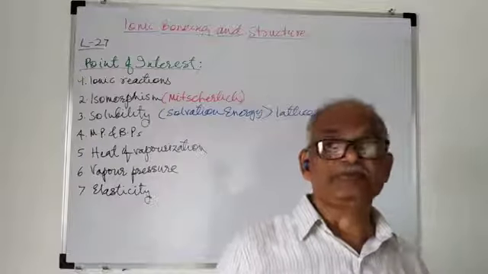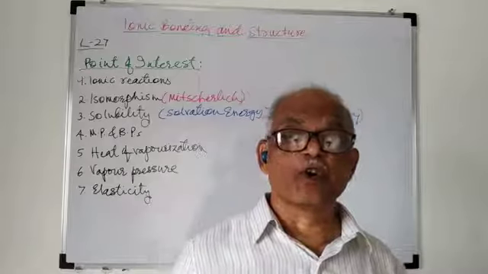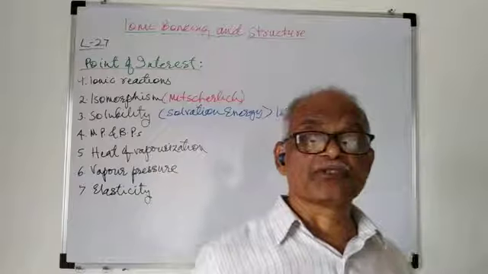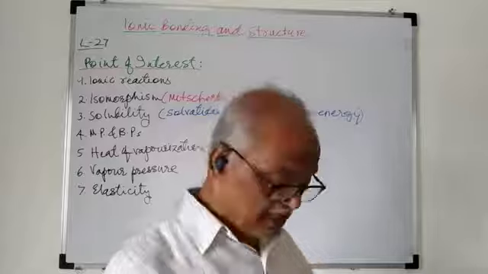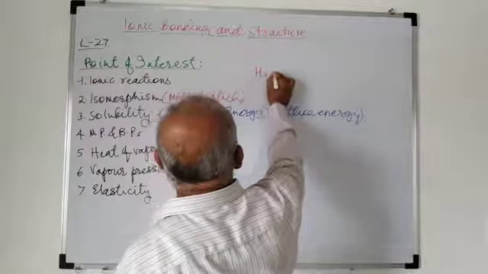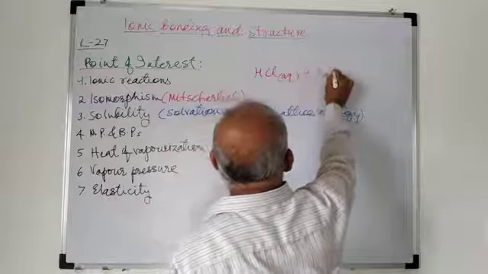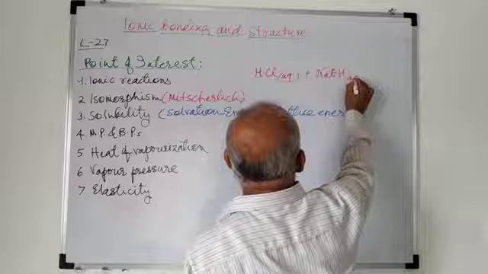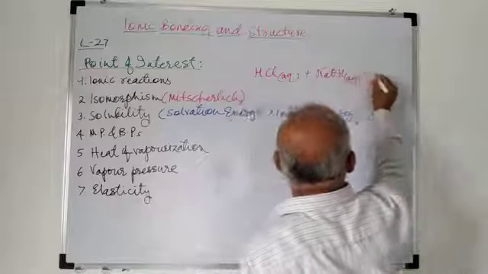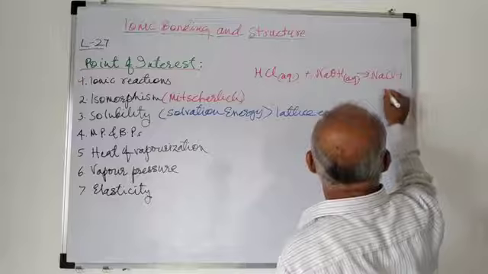For example, if we carry out a reaction between aqueous solution of HCl and aqueous solution of NaOH, then we have the reaction: HCl aqueous plus NaOH aqueous gives NaCl plus H2O.